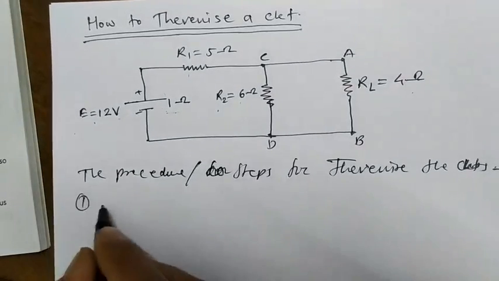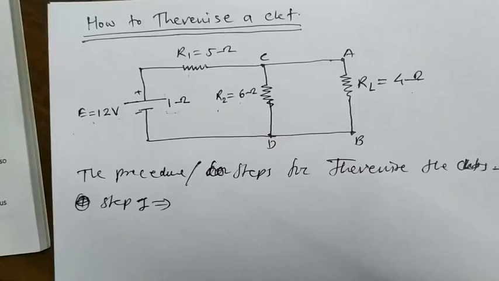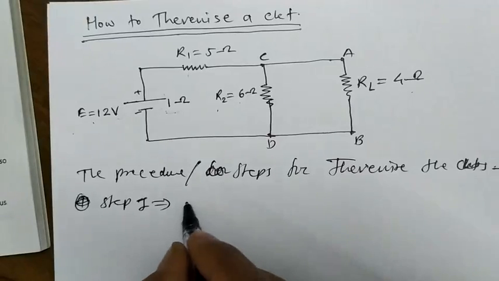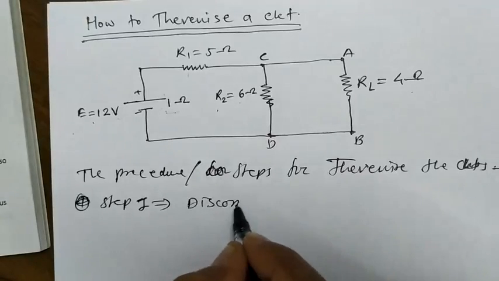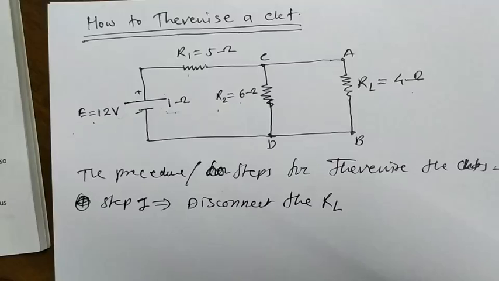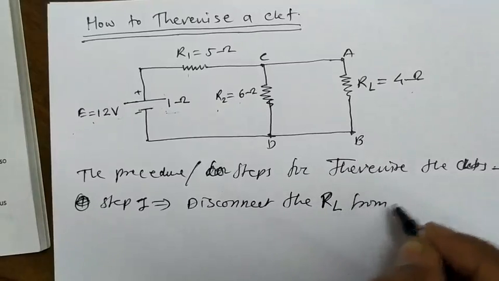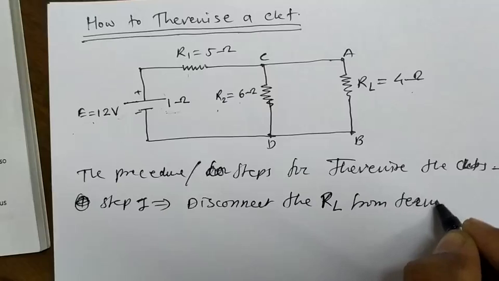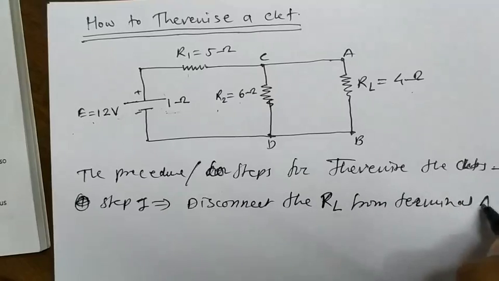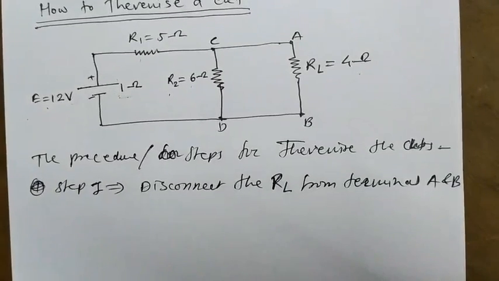The first step is to disconnect the load resistance RL from terminals A and B.